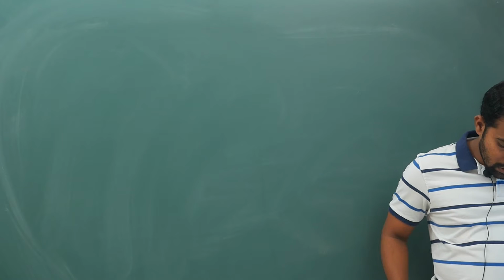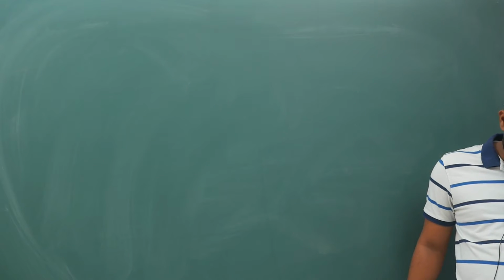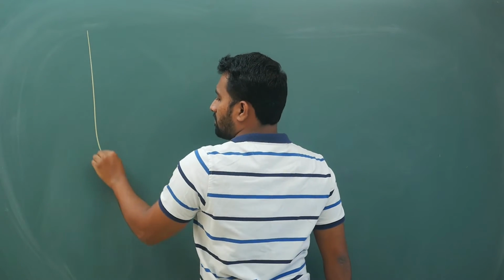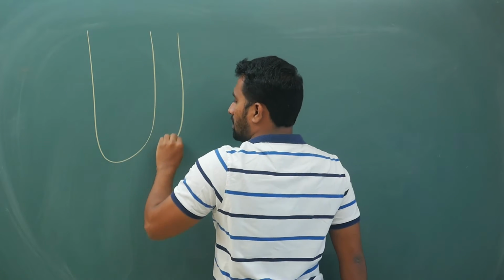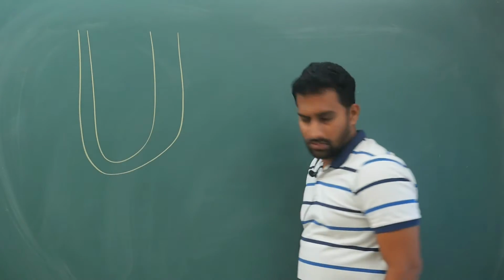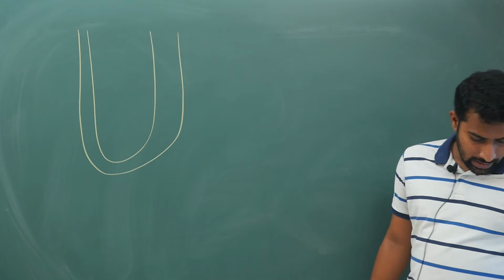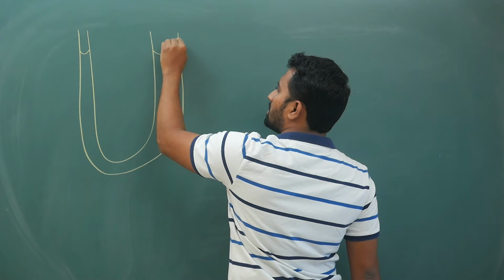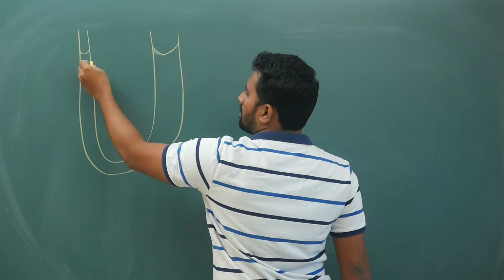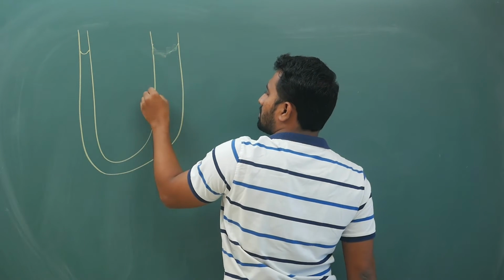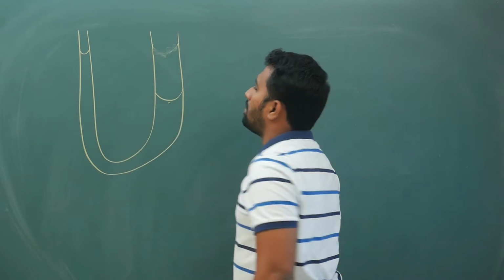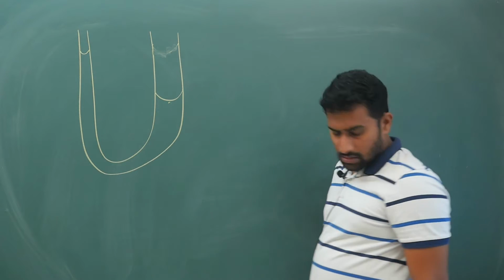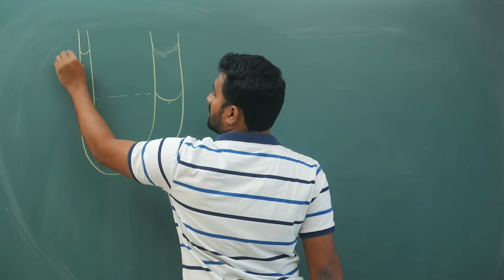The question is this: you have a U-shaped tube like this, and the area of cross section is slightly big. Neglect the radius of curvature, is it given or not? Let me check. The liquid is somewhat here. The question is, this height difference is h.